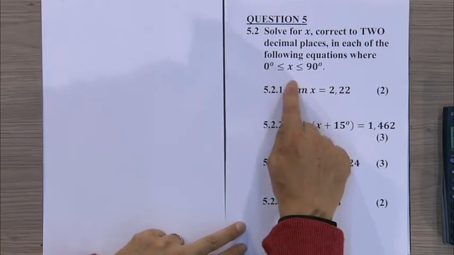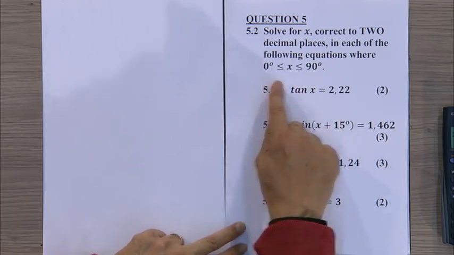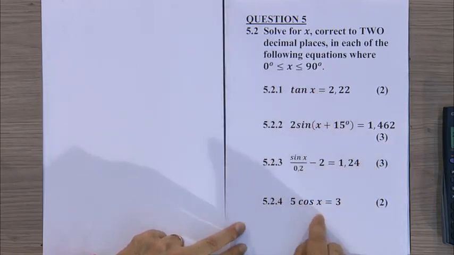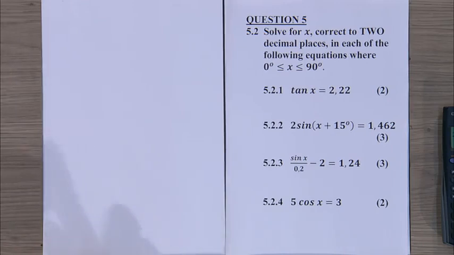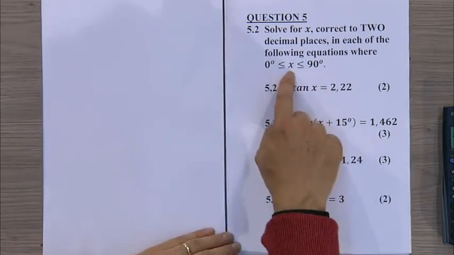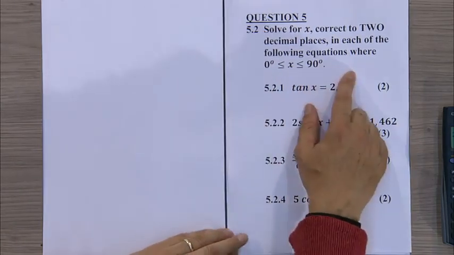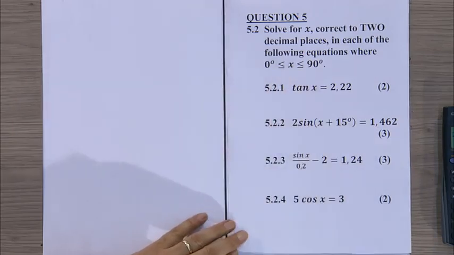This inequality says my x values must be between 0 and 90 degrees. It must be an acute angle. So you see, it directs you in what your answers should look like. You cannot have an answer less than 0 or more than 90. It must be in that range.